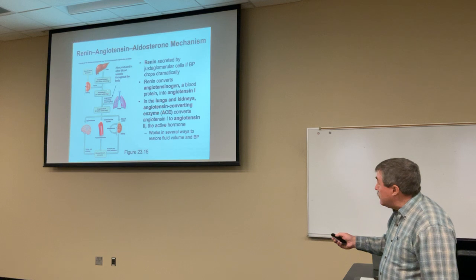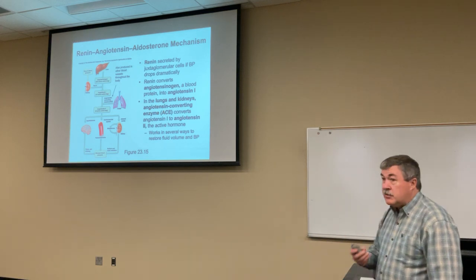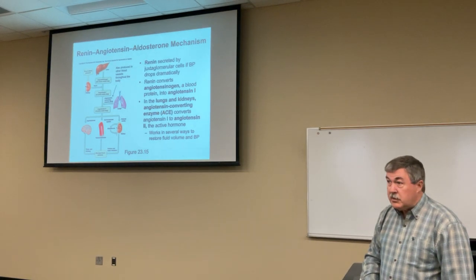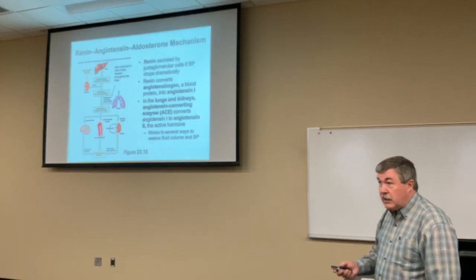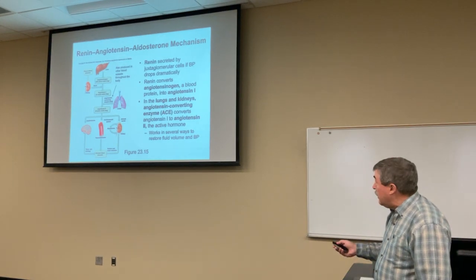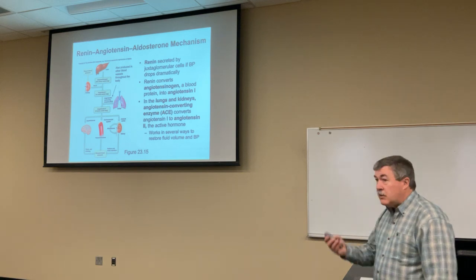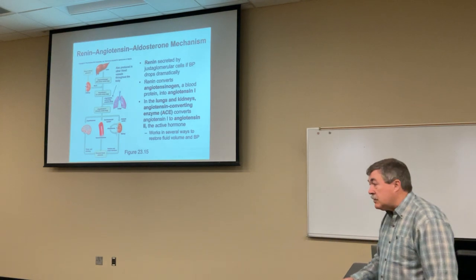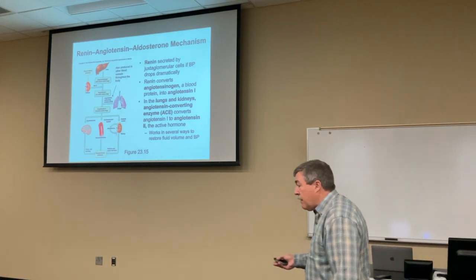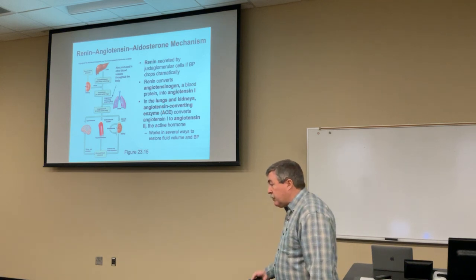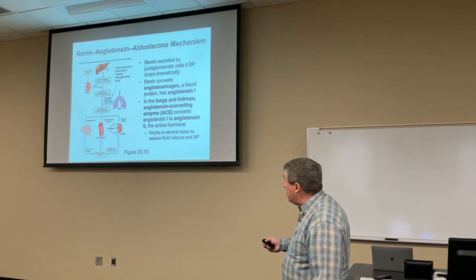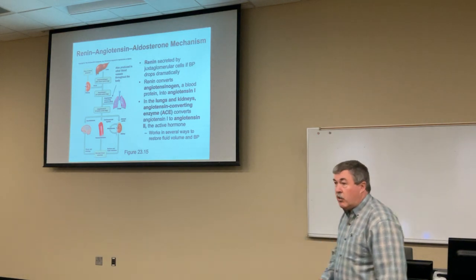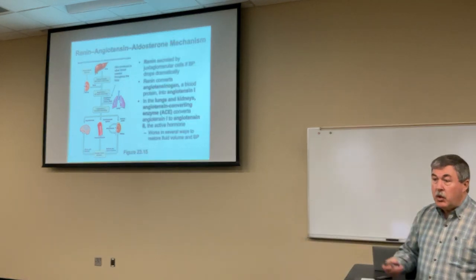If there's less angiotensin I, then less angiotensin II is going to be produced. And so you'll have less vasoconstriction, so that will cause a drop in blood pressure. You're going to have less aldosterone produced, so you're going to have less absorption of sodium and water. That'll help to drop blood pressure back down to normal. And you'll have less antidiuretic hormone released from the posterior pituitary.